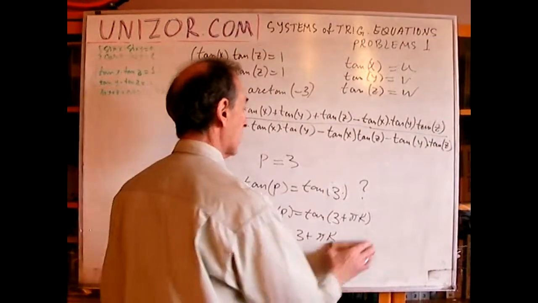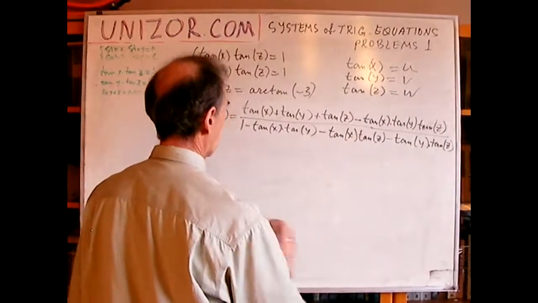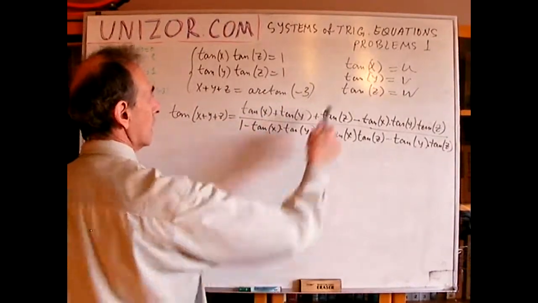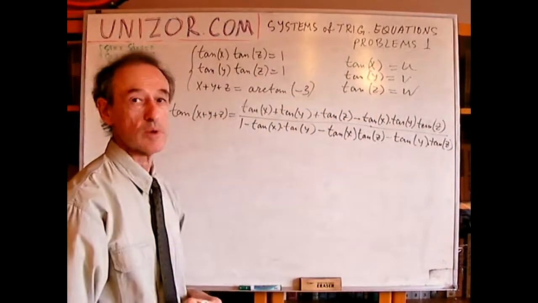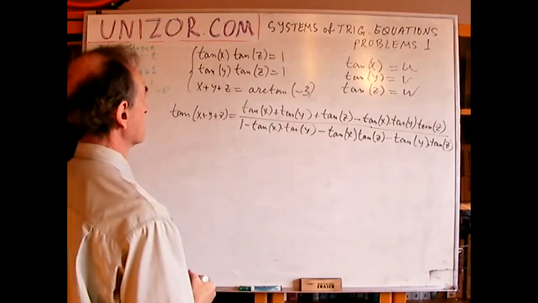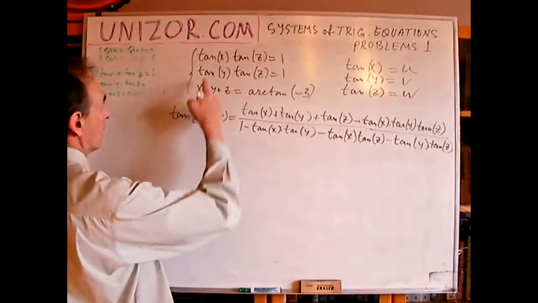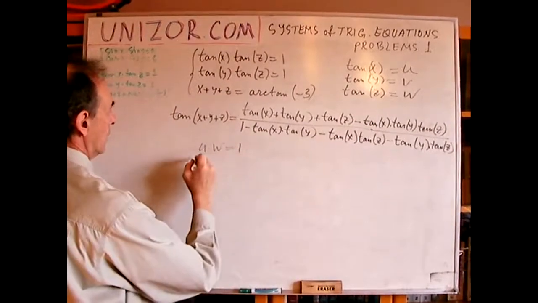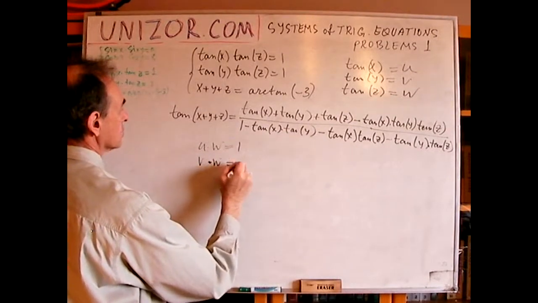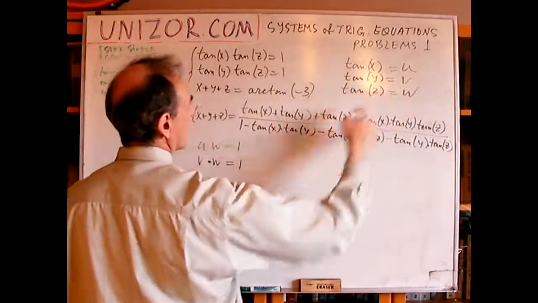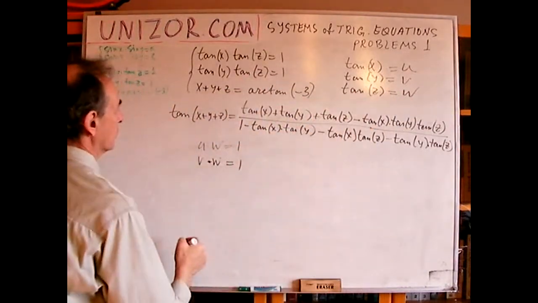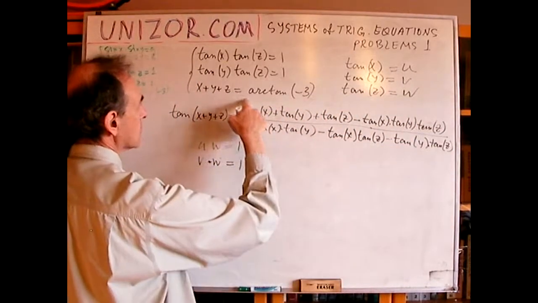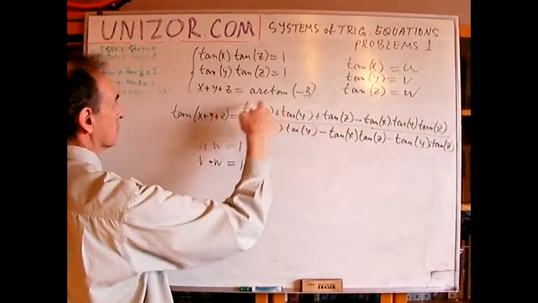Right? So, keeping this in mind, I would still like to proceed with taking the tangent of both sides and replacing my variables with these new variable substitutions. So I will have u times w equals 1, v times w equals 1, right? Tangent of y is my new variable v, tangent of z is still w. And on the left I have this thing, and it's equal to minus 3, right? Because I took the tangent of both sides.